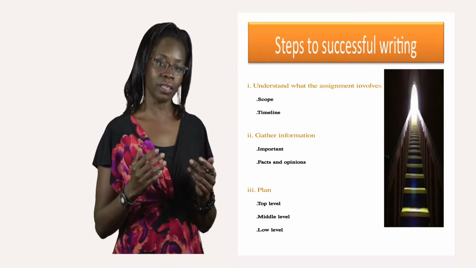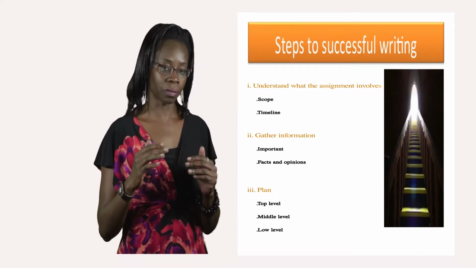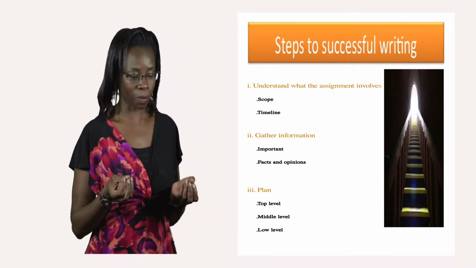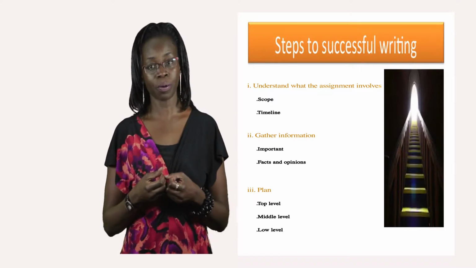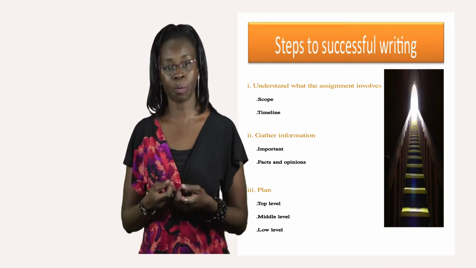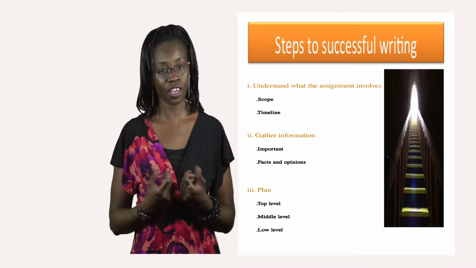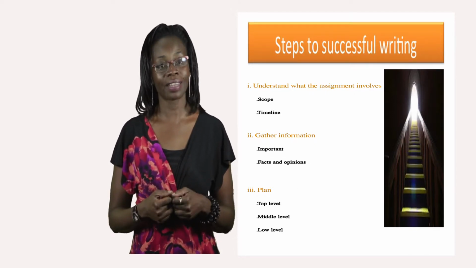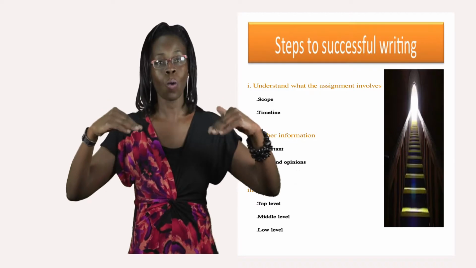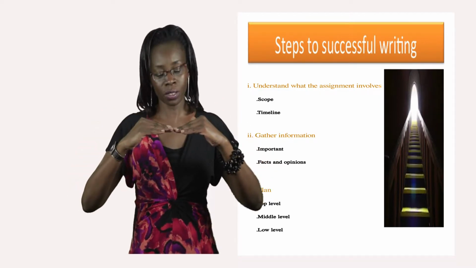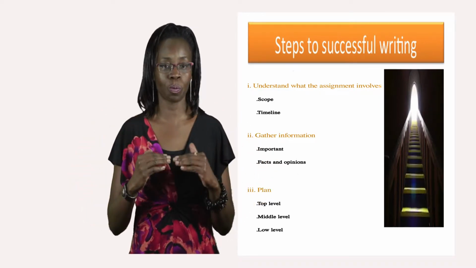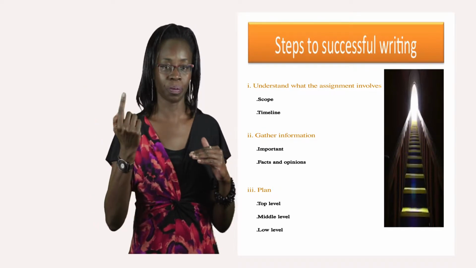So what does it mean to plan from the top level? I will give you an example to back this. For example, you've been asked to write a report about the sales opportunities in Europe. That is top level. Why is it top level? Because you're writing about the sales opportunities in Europe.